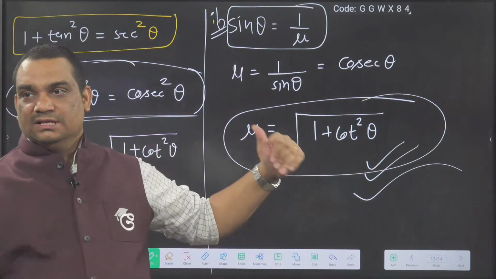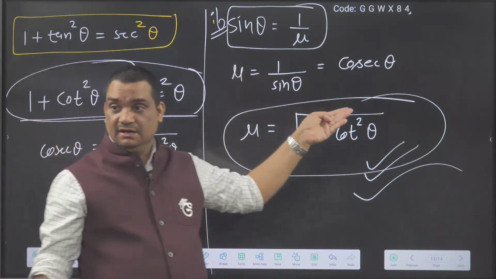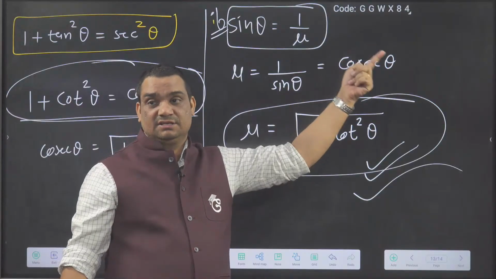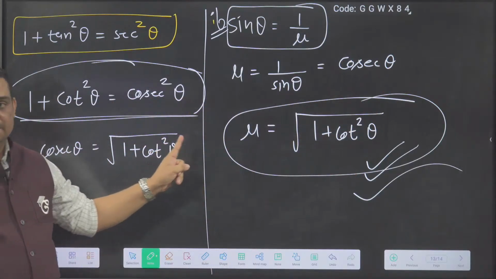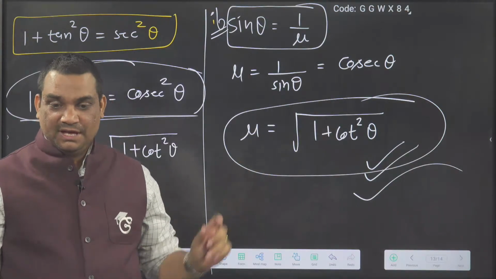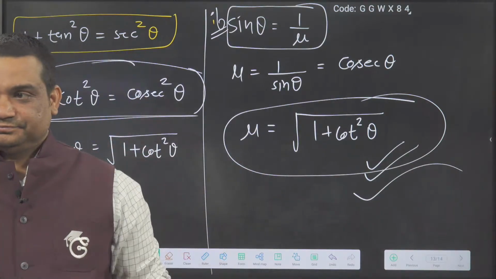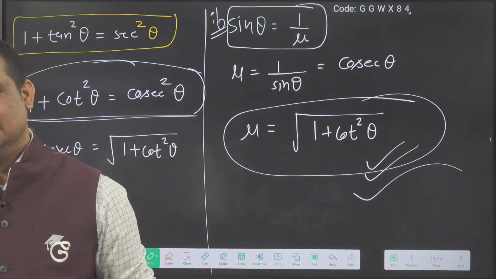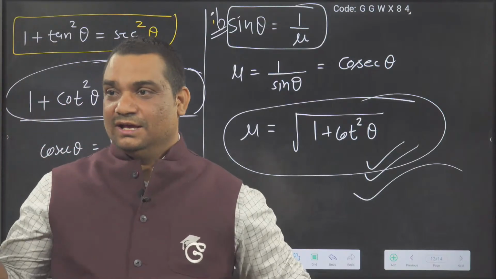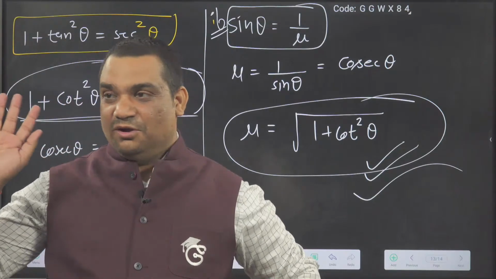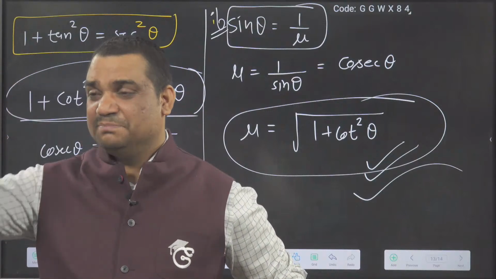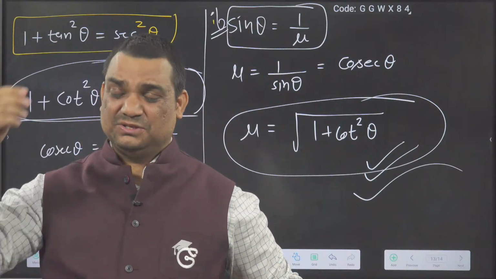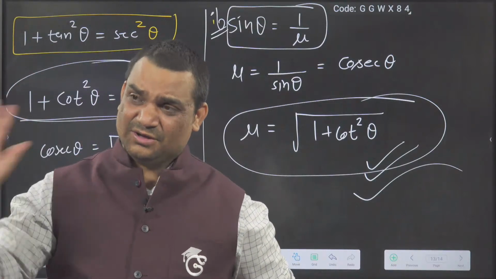Here we know mu is 1 by sine theta, 1 by sine theta is cosec theta, and from here cosec theta is root over 1 plus cot square theta. Suppose the same thing appears in the examination, but they are not relating it with sine; they relate it with another trigonometric ratio: cot, tan, sec, cosec.